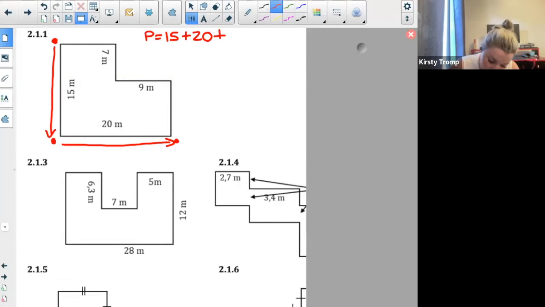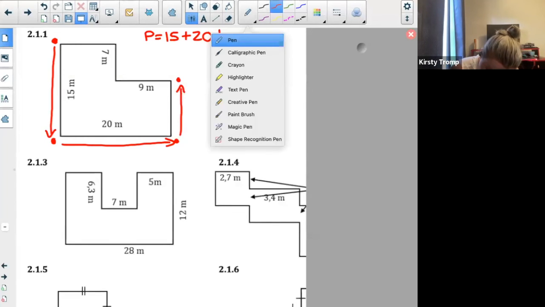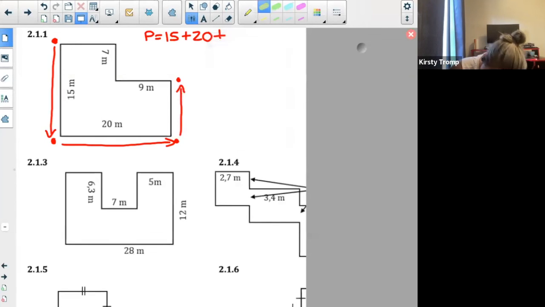Now, Peter's got to walk from that point to this point. There is a measurement that is missing here. You see it? We're missing a measurement. However, can we go and work out what that measurement actually is? Well, for this whole line over here, the line was equal to 15.